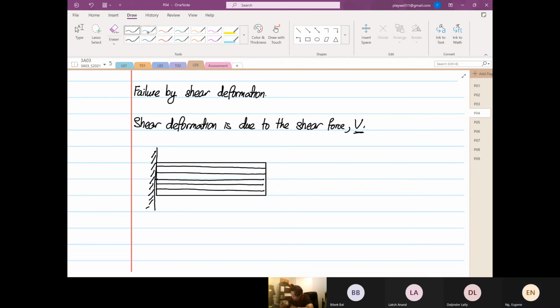From here to here, this is our L. Over here is our point A, and this is our point B. The shear force is applied in this direction. This is our shear force, which we call Vy. And I'm going to include our transformation.